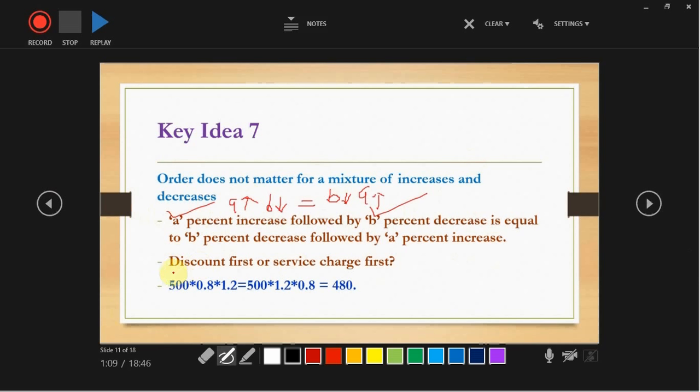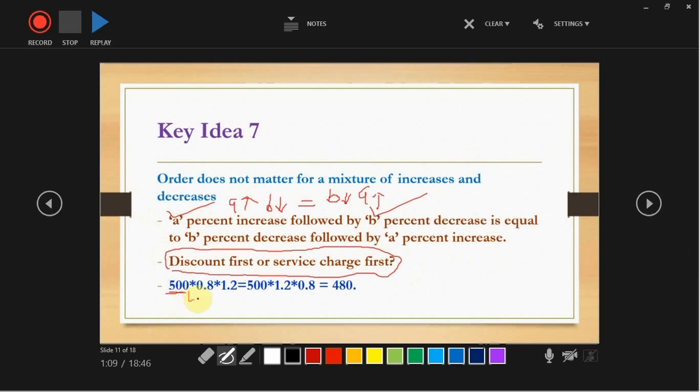So we can use this to solve the problem like this. Discount first or service charge first? Whichever is first doesn't matter here. For example, the price of a certain item is $500.